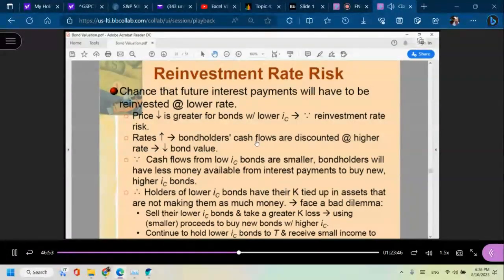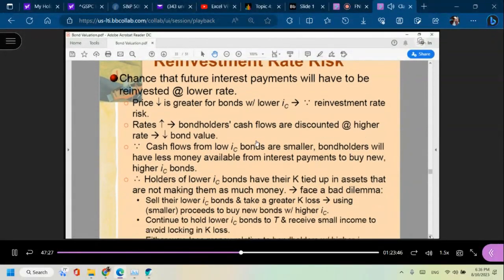But then the coupon payment is small, and with a higher discount rate, your bond valuation goes down, including the smaller coupon value. So you have less money. If you sell these bonds now, you have less money available to put into anything. So this is a dilemma.